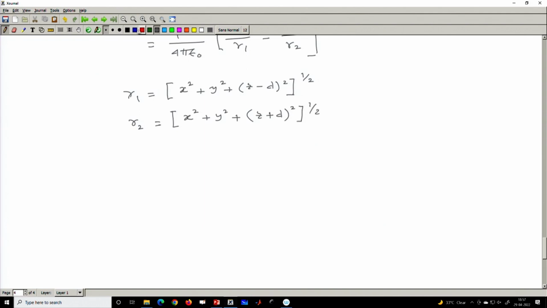Mind it, the coordinate of the plus q is 0, 0, d, and the coordinate of the minus q is 0, 0, minus d.